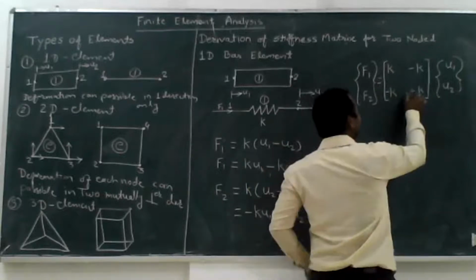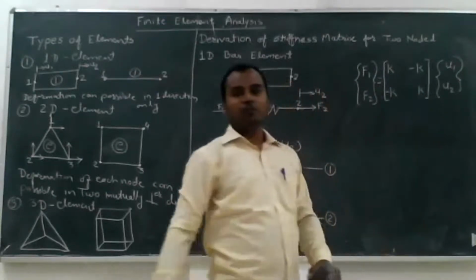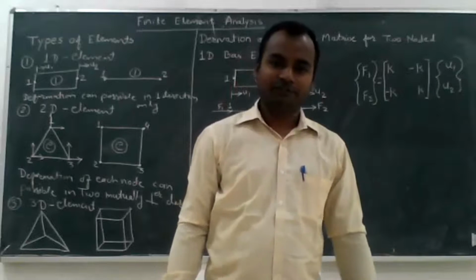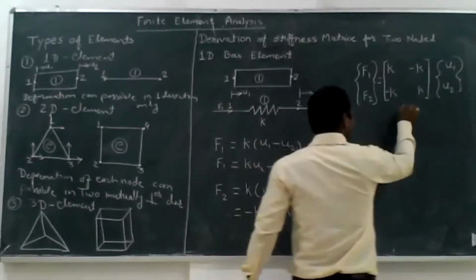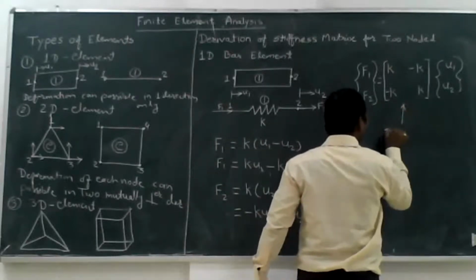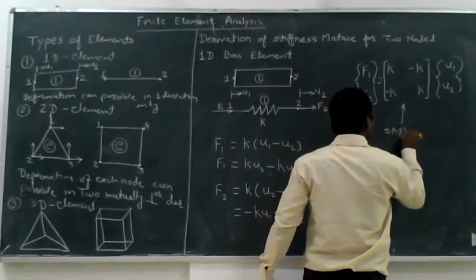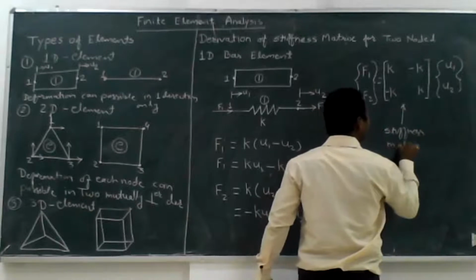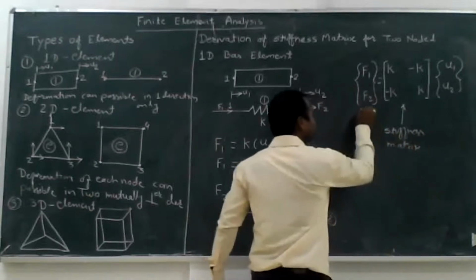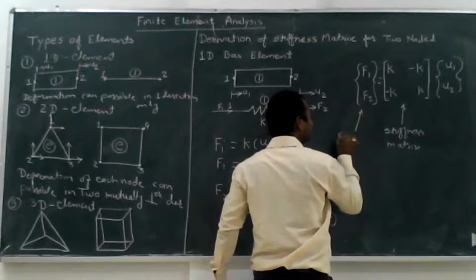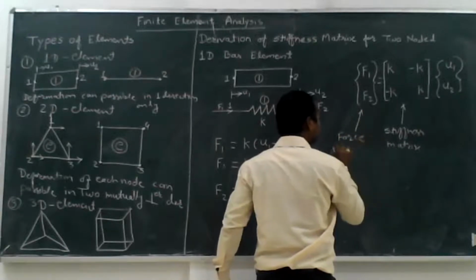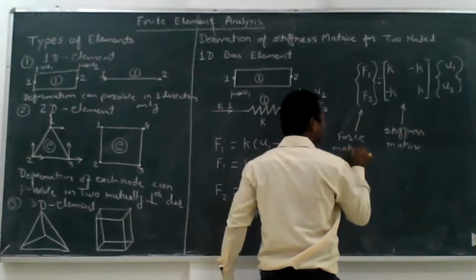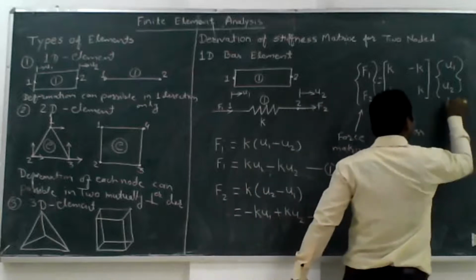This matrix is the stiffness matrix for the 1D bar element. So I write here, this is the stiffness matrix for the 1D bar element. This is the force matrix, and this is the displacement matrix.